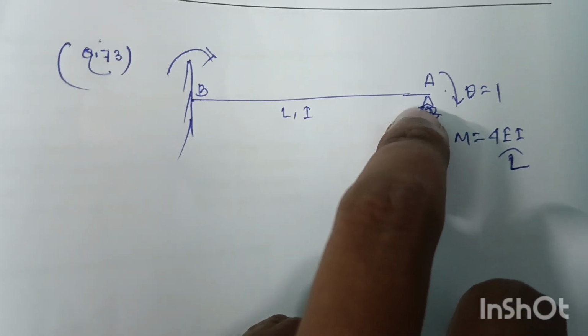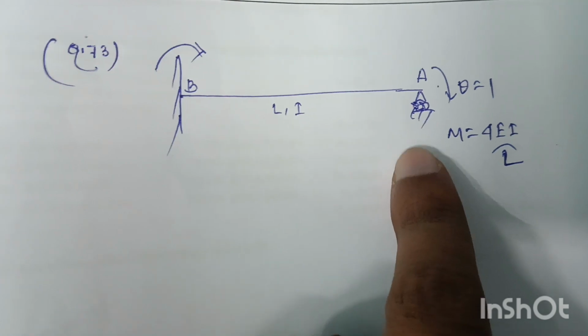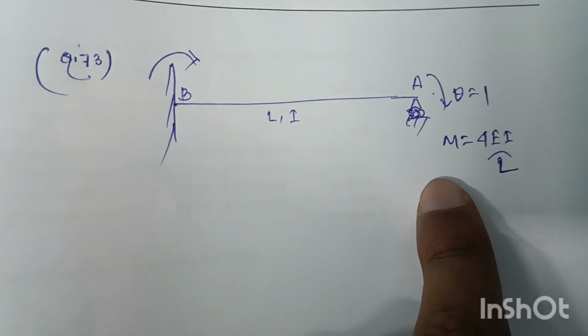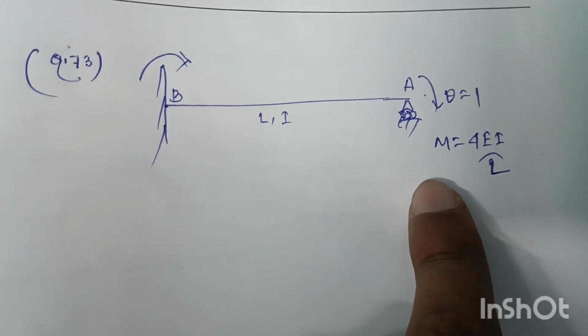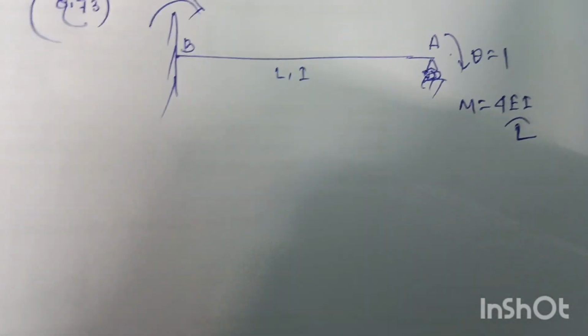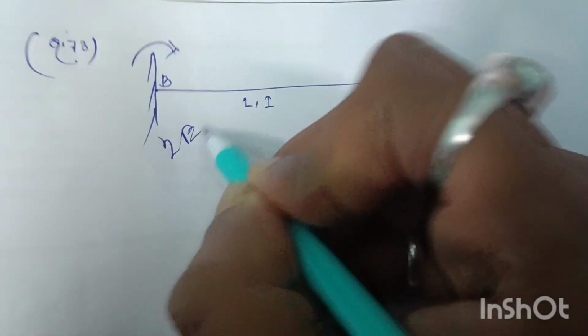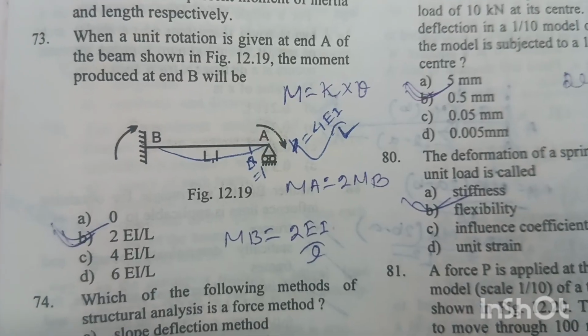Now this end is our near end and this end B is our far end. So when our far end is fixed, the induced moment at the far end will be half of the produced moment at the near end. So the moment induced at the end B will be 2 EI by L. Option B is right answer.